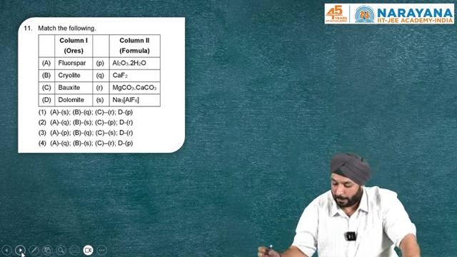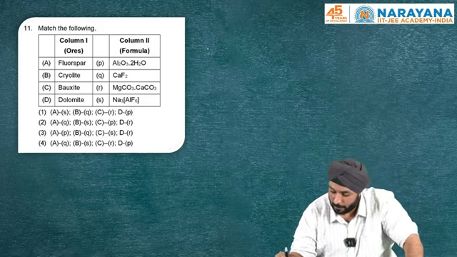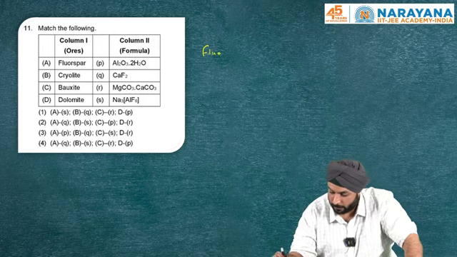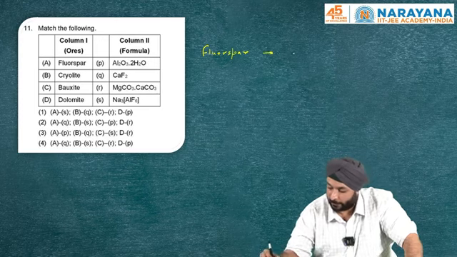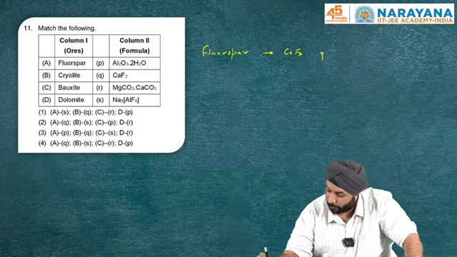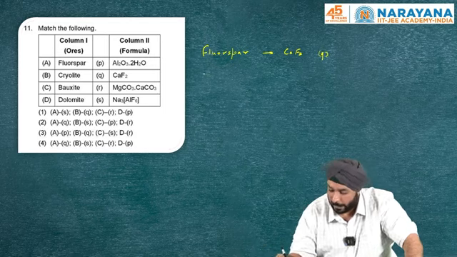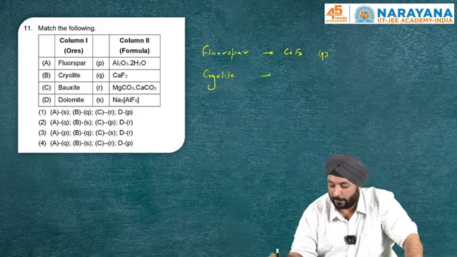Now fluorspar. What is fluorspar? Fluorspar is calcium fluoride. That is option Q, right? Cryolite, from childhood you know what cryolite is, right?